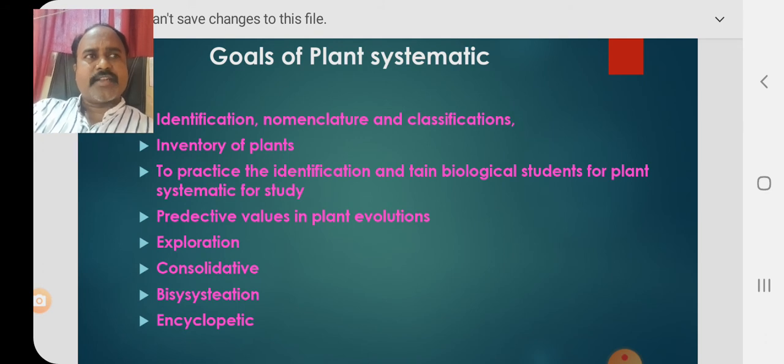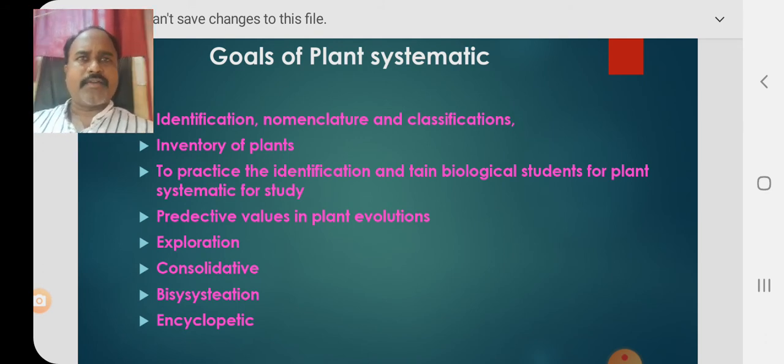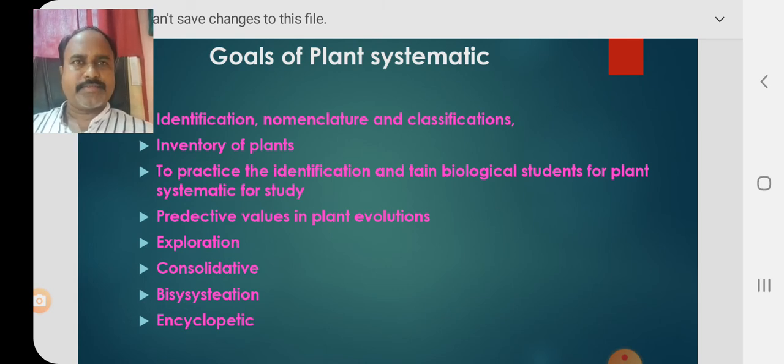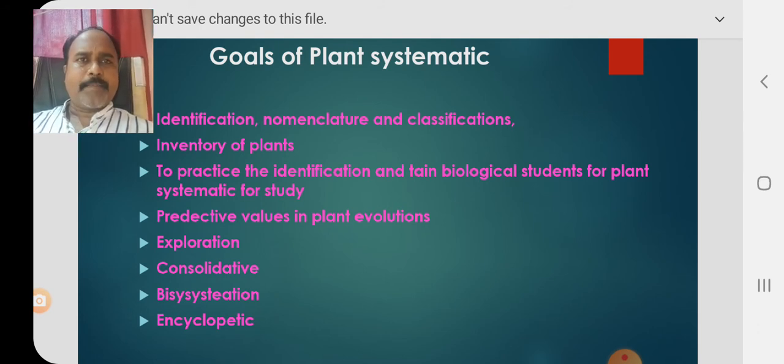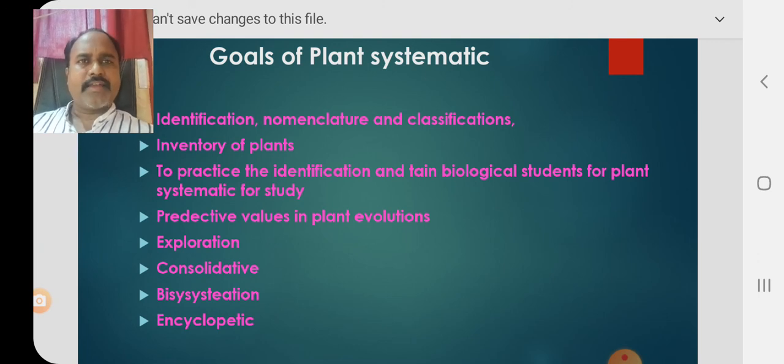The first is exploration, meaning collection of plants from different or particular regions, preparation of herbarium sheets, and naming them, and trying to identify by comparing with available herbarium sheets in museums like the Botanical Survey of India, which has its own herbarium where plants from Karnataka, Maharashtra, Goa, Dadra and Nagar Haveli are collected and placed in dried form.